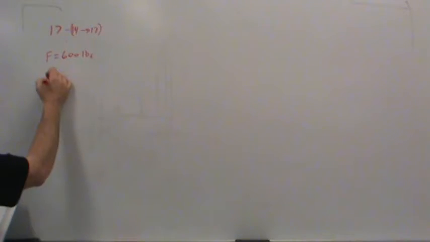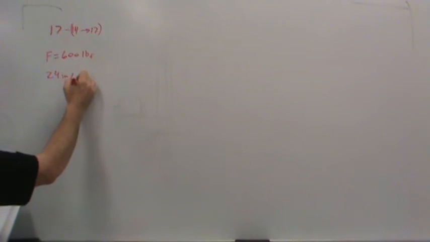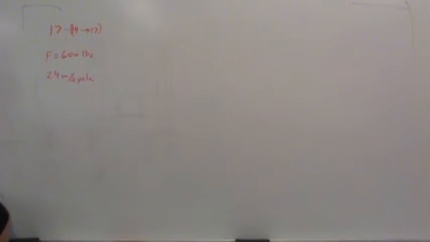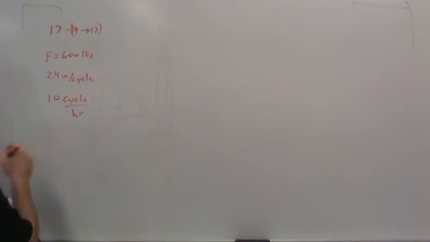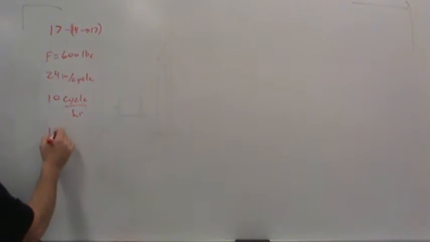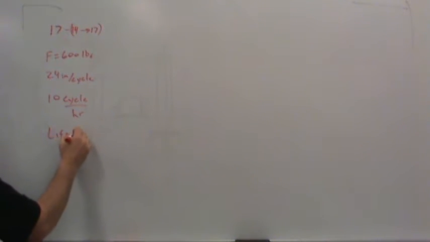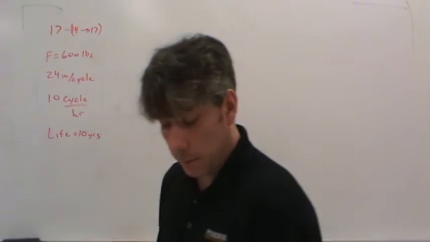The table moves 24 inches per cycle, and is expected to cycle 10 times per hour, for a design life of 10 years. And it says, for this problem, just select an appropriate screw.